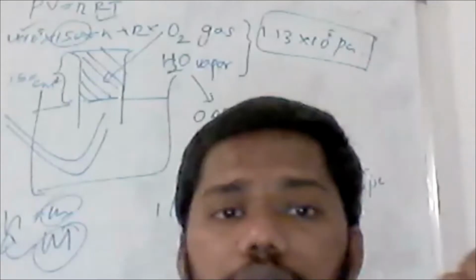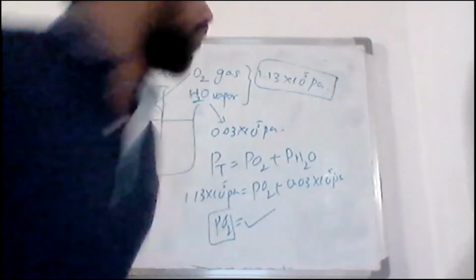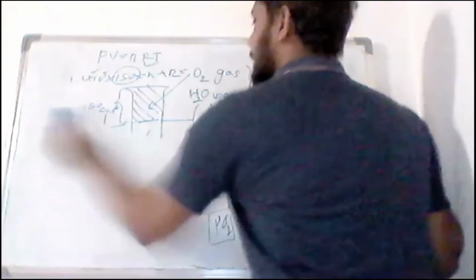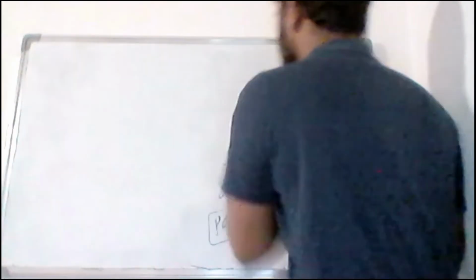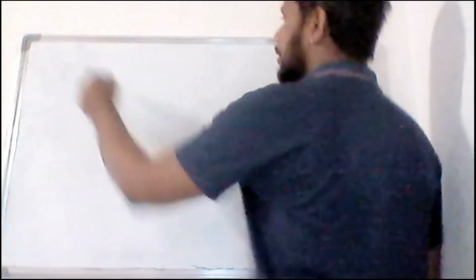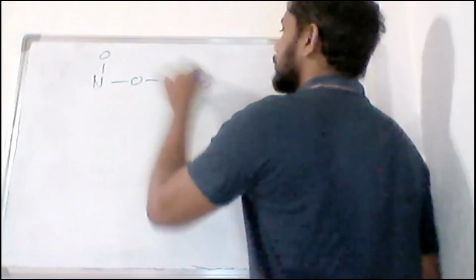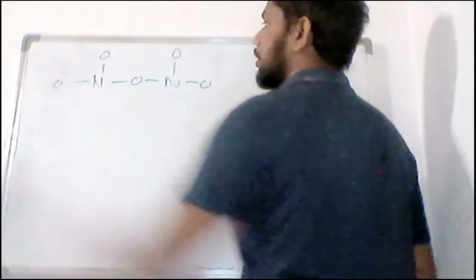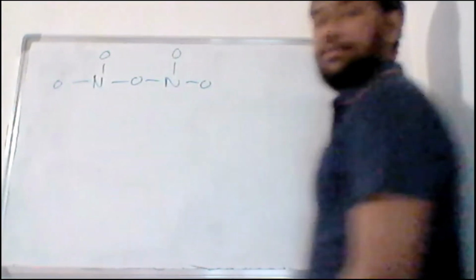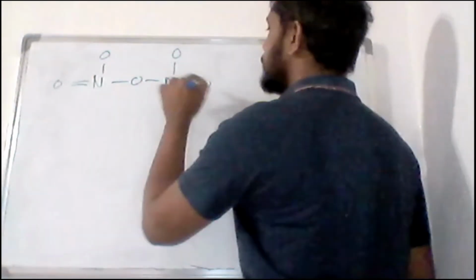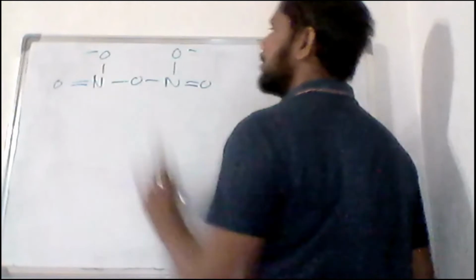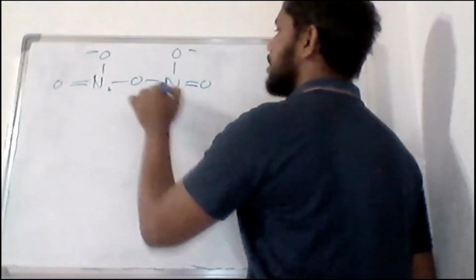If I want to show that, just as an explanation, here we have this one. This is our skeleton. There can be this one with minus minus, and there is plus plus.